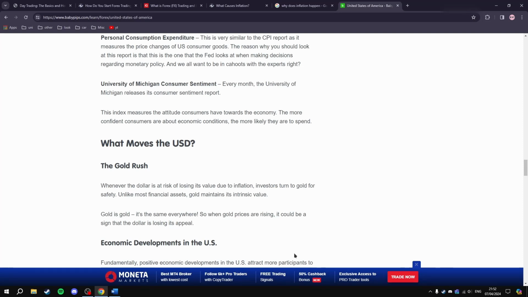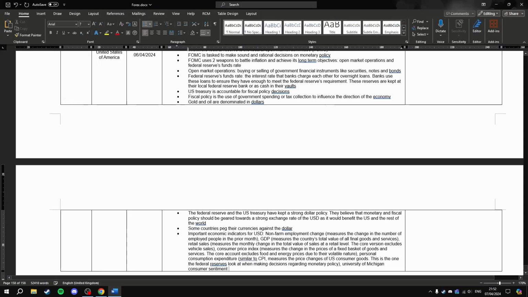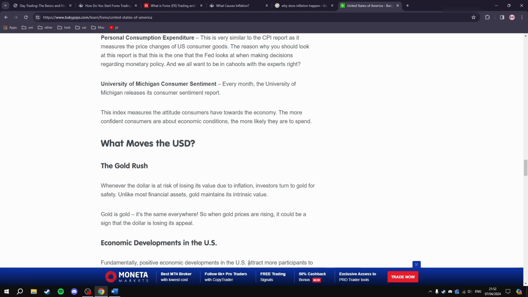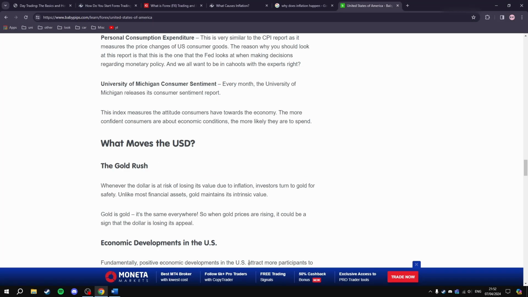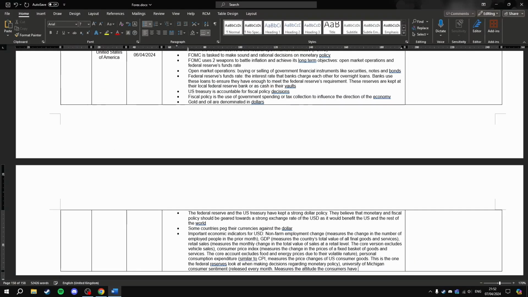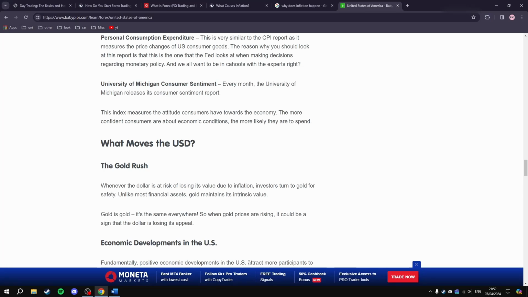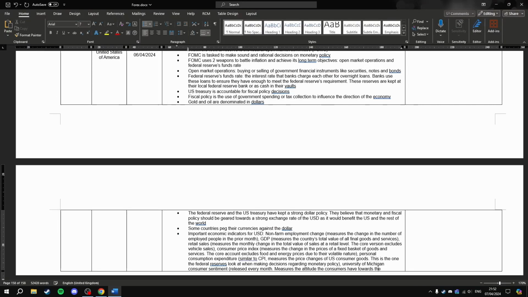University of Michigan Consumer Sentiment. Every month the University of Michigan releases its consumer sentiment report. This index measures the attitude consumers have towards the economy.